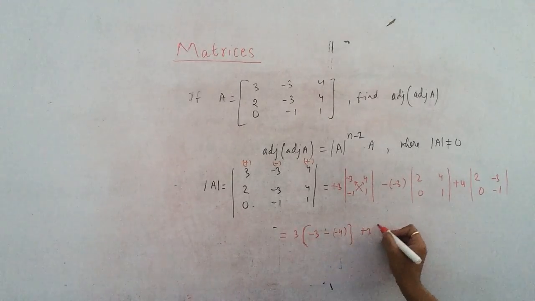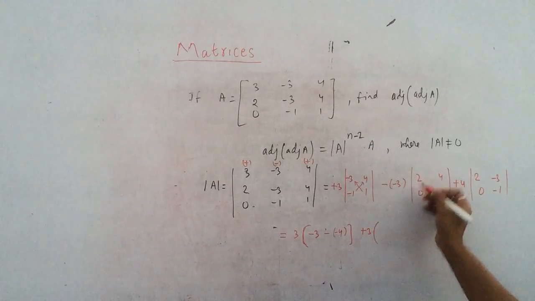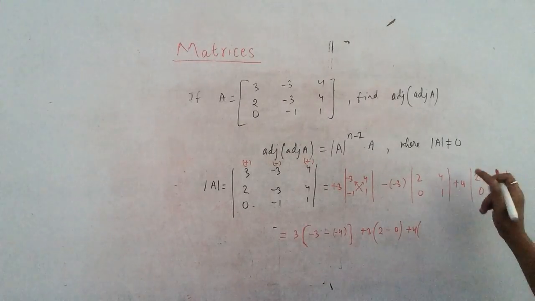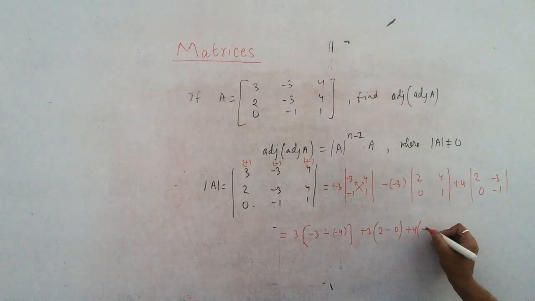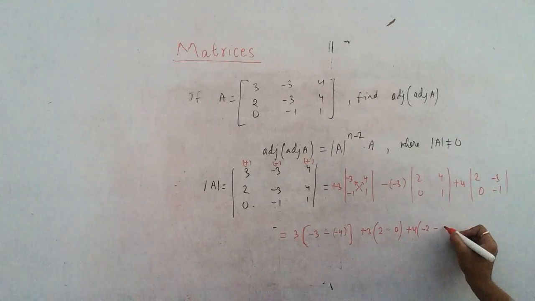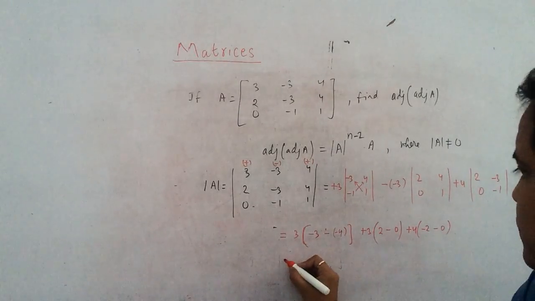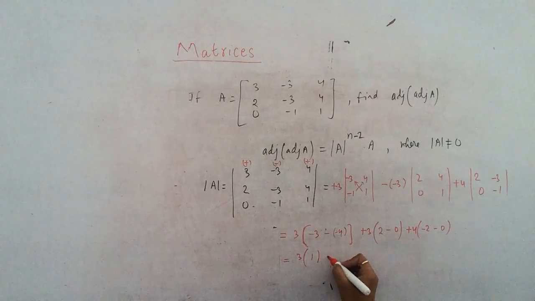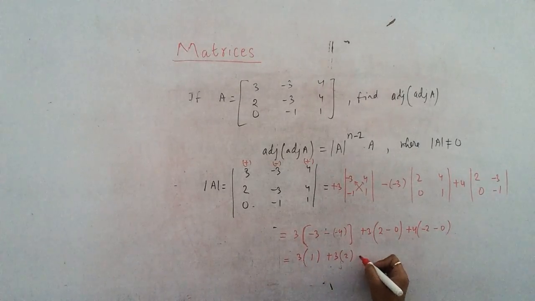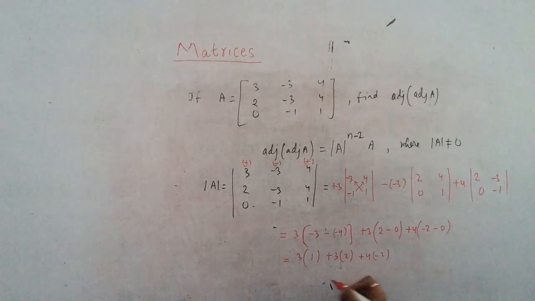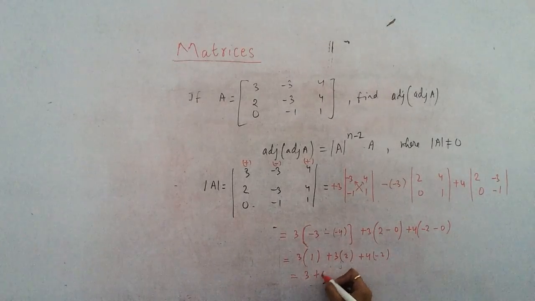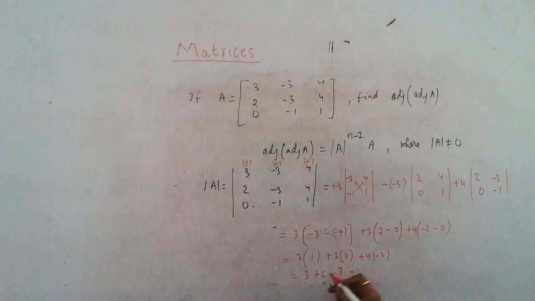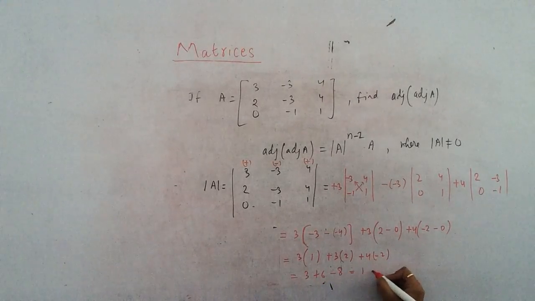Minus of minus 3 is plus 3. Left cross minus right cross: 1 into 2 is 2, minus 4 into 0 is 0. Plus 4, left cross minus right cross, it will become minus 2, minus 0. So 3, minus 3 plus 4 is 1, plus 3 into 2, plus 4 into minus 2, again 3, plus 6, plus minus 8, 3 plus 6 is 9, minus 8 is 1.